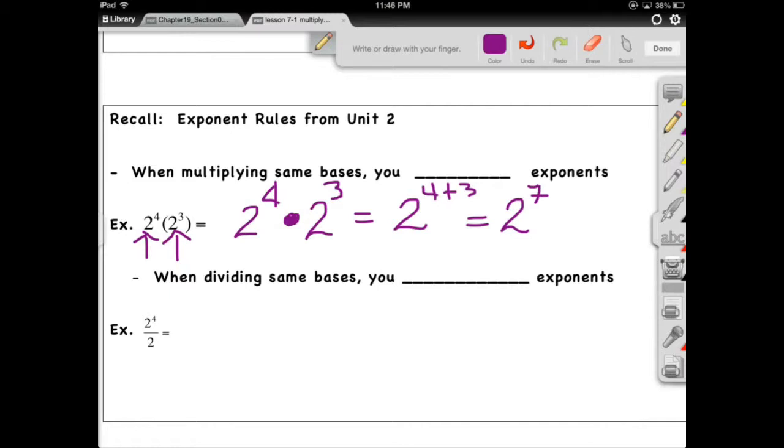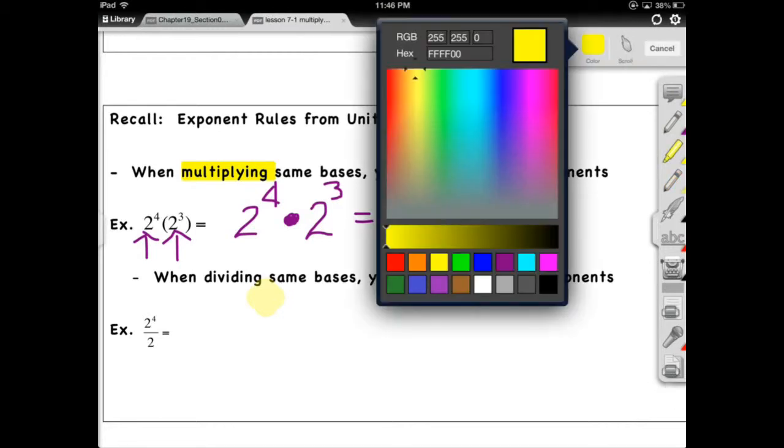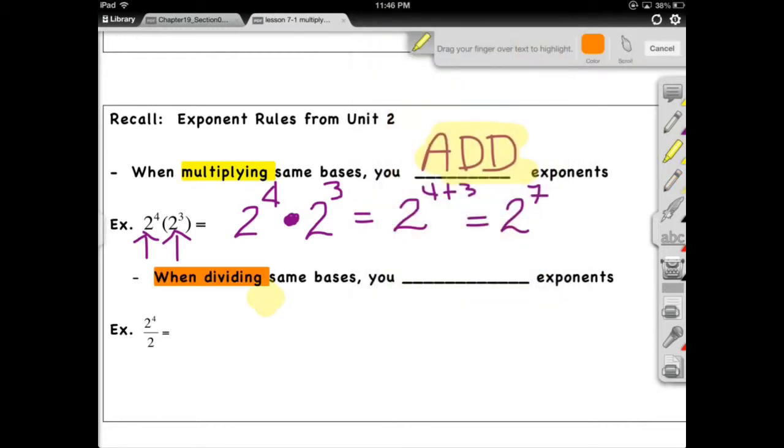So the rule, going back to our previous unit, was when you're multiplying the bases, you add the exponents. So if you're multiplying the bases that way, and you add the exponents, then it stands to reason that what you do when you go to divide, instead of adding, is you will do the opposite thing, right?